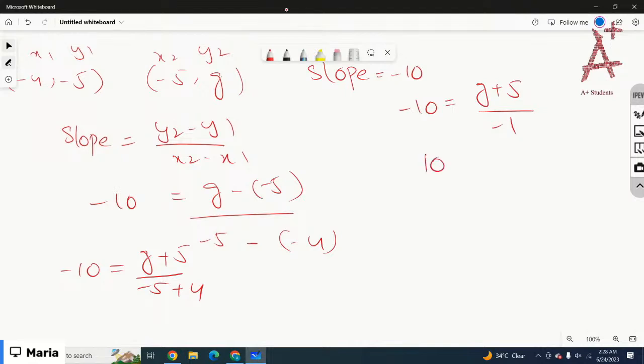So when you cross multiply, it would be 10 equals g plus 5. Move 5 to the other side, it would be 10 minus 5, and g equals 5. So the correct option is g equals 5.